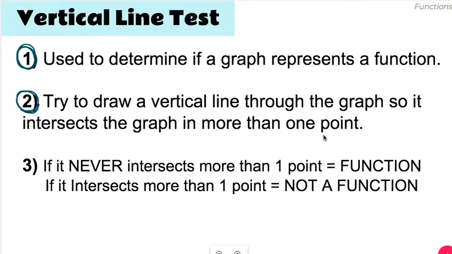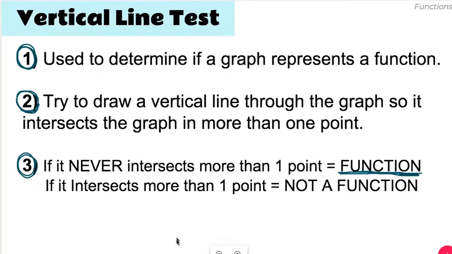Okay, so again, and you'll see, we'll do a couple of these, but you'll look and you'll try and say, can I draw a vertical line that will hit 2 points anywhere on this graph? And that brings us to 3. If it never intersects more than 1 point, that means it is a function. It passed the test, it's a function.